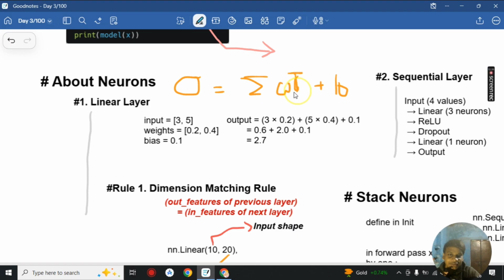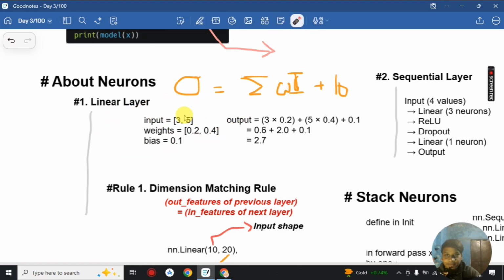Here the input is 3 and 5, then we have our weights as 0.2 and 0.4, and then we have our bias as 0.1.